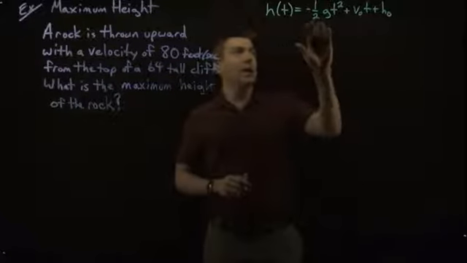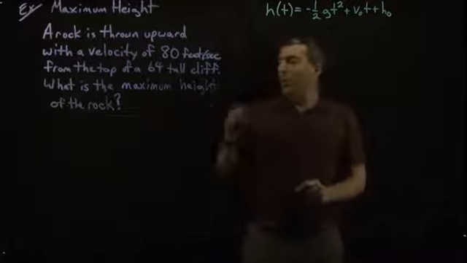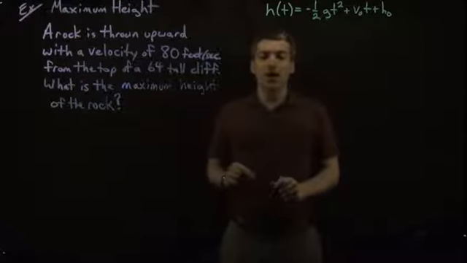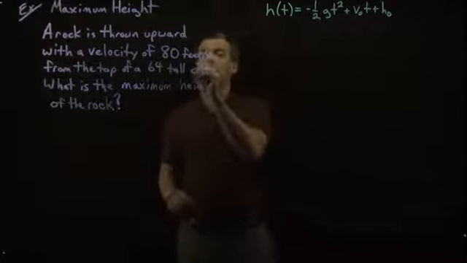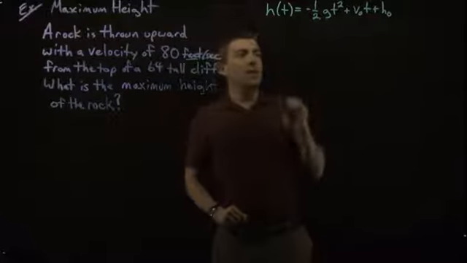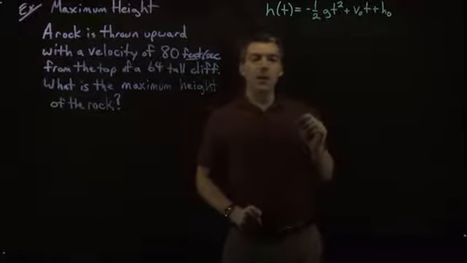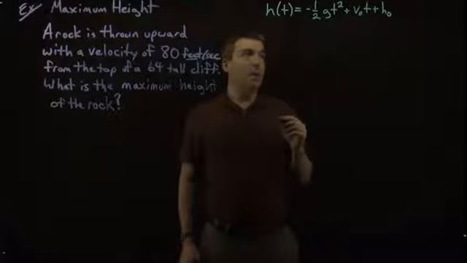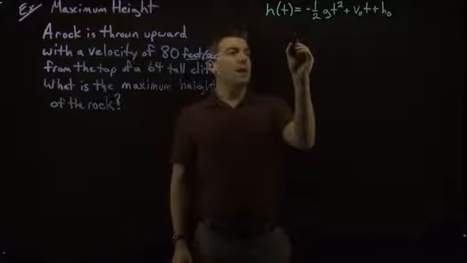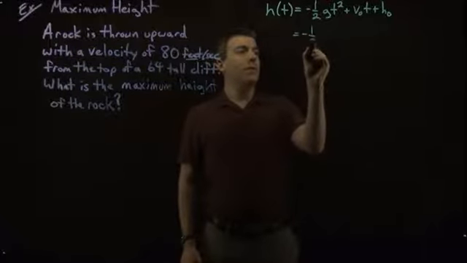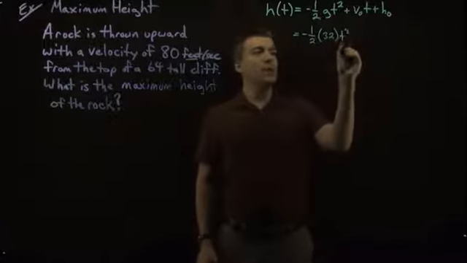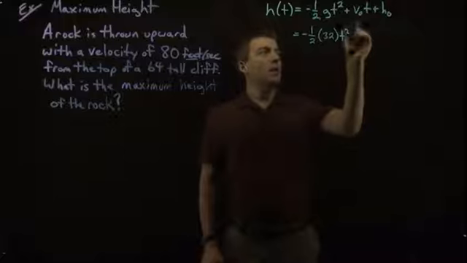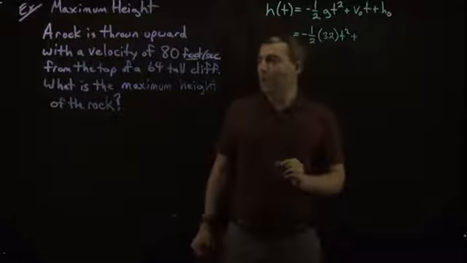Now we can fill out this equation for this particular problem. First off, we're in feet, and the gravity for feet is 32 feet per second squared. So let's put that in. Negative 1/2 times 32 t squared. V naught is the initial vertical velocity.